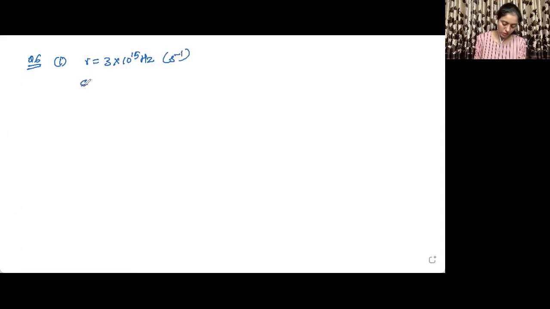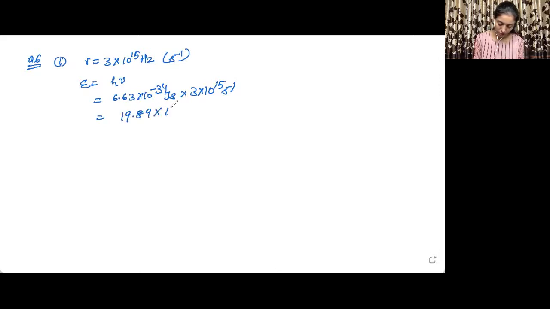All right. So energy is related to frequency as E is equal to h nu. It is equal to 6.63 into 10 raised to the power minus 34 joule second into 3 into 10 raised to the power 15 per second. So it will be equal to 6.63 into 3, which is 19.89 multiplied by 10 raised to the power minus 19 joule.